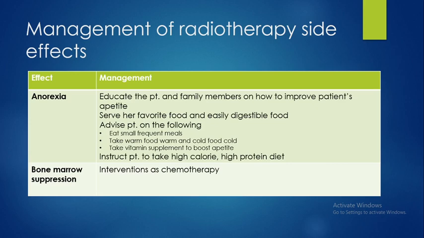Then we have to advise the patient to eat small frequent meals, not large bulks of meals at once. Then take warm food warm and cold food cold. Okay. Then take vitamin supplements to boost appetite, and at the same time instruct the patient to take a high calorie, high protein diet to get rid of anorexia.